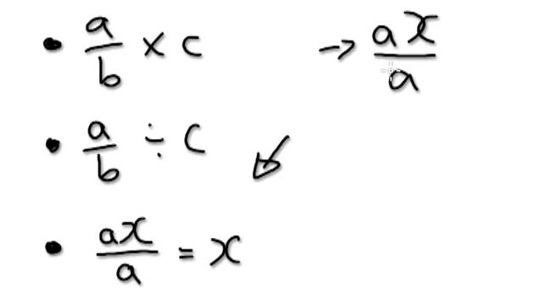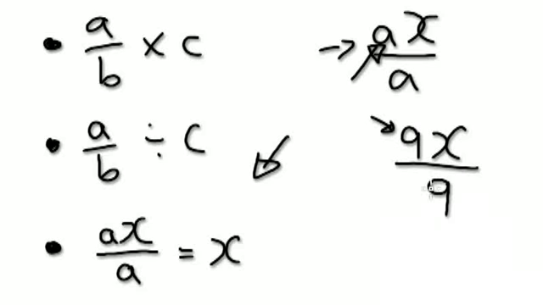So ax over a, well, that's your x here. It could be anything. A could be another anything. So here let's say 9, and then if this is 9, then this is also 9. So that would be x.